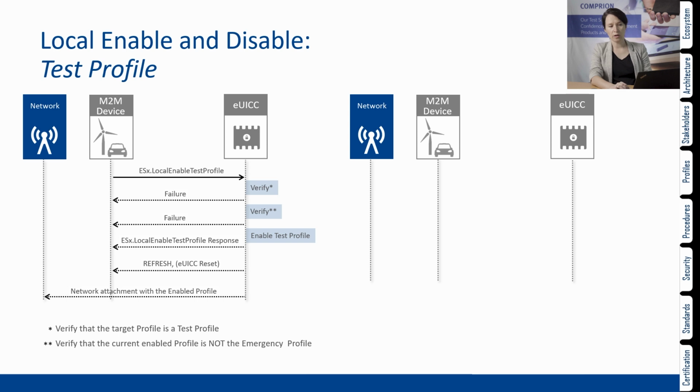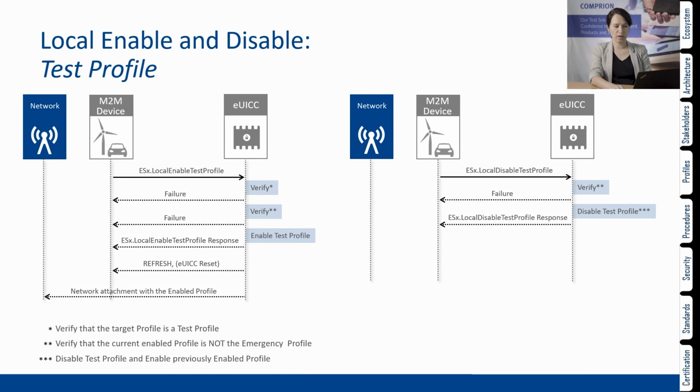Same procedure the other way around. For the disable, we have a local disable of the test profile, verifying that the current enabled profile is not the emergency profile. Then we disable the test profile, checking that it has no other flags actually.